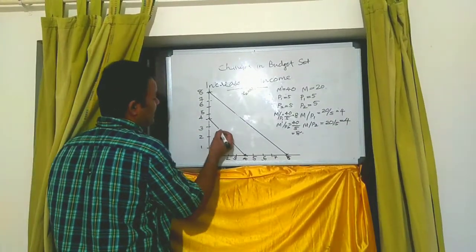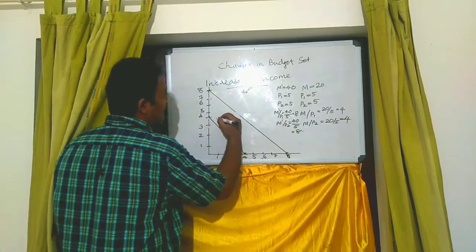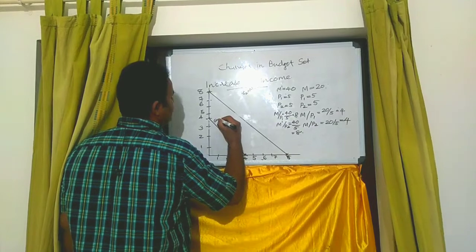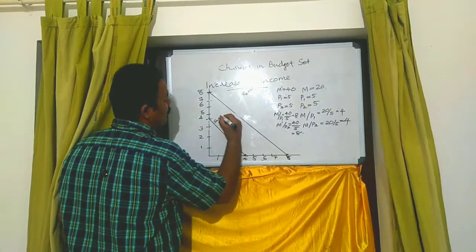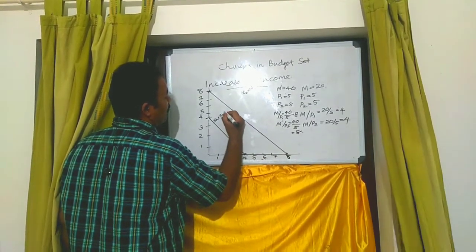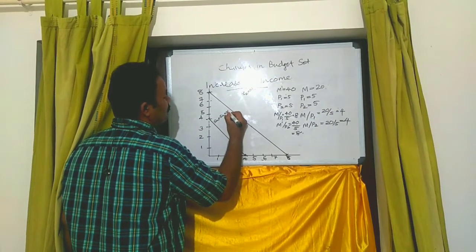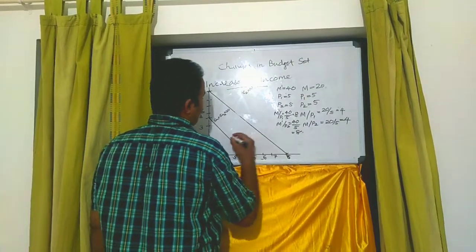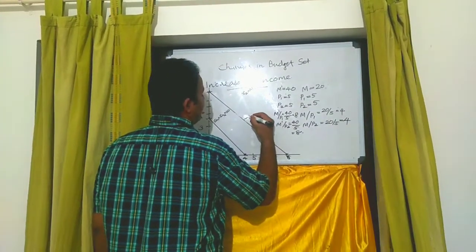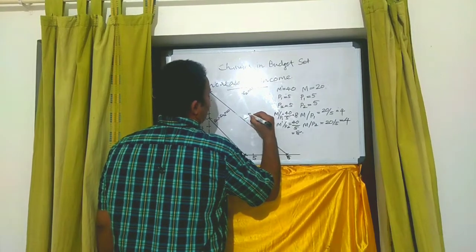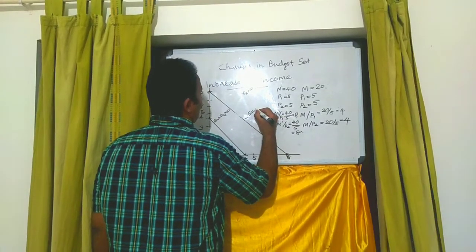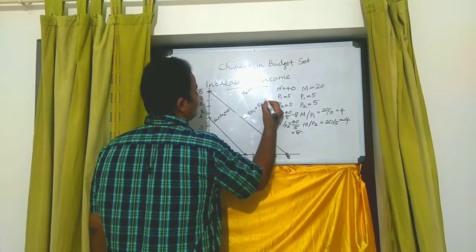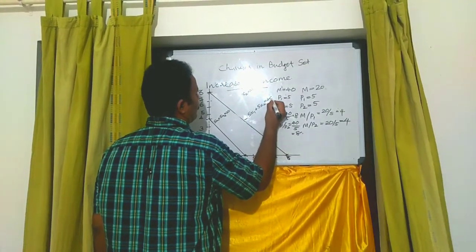Here, the initial budget line represents the equation 5x1 plus 5x2 is equal to 20. But here, income increases. Here, this new line represents the equation 5x1 plus 5x2 is equal to 40.